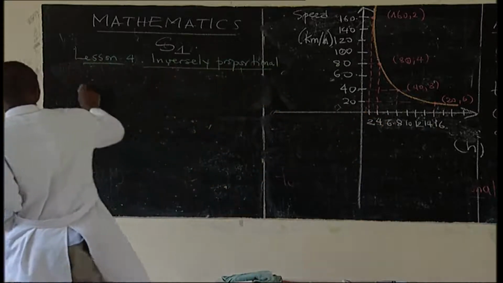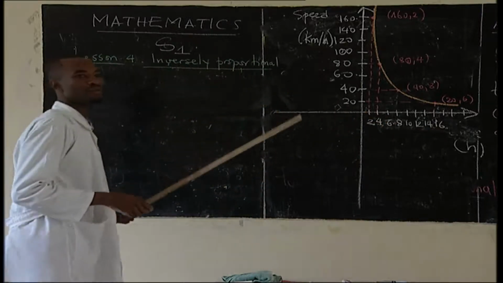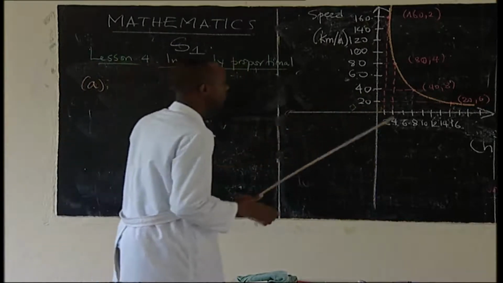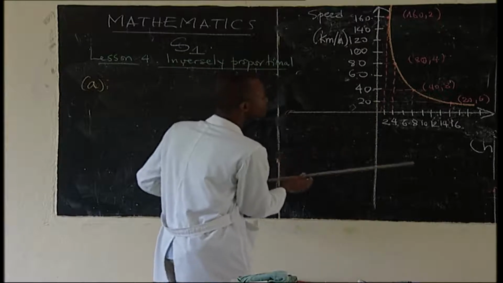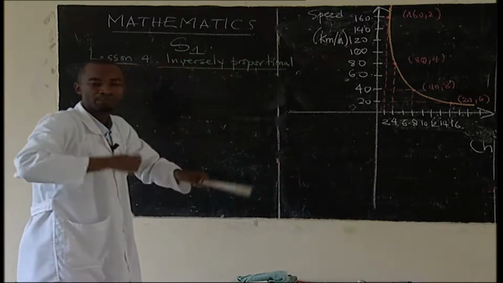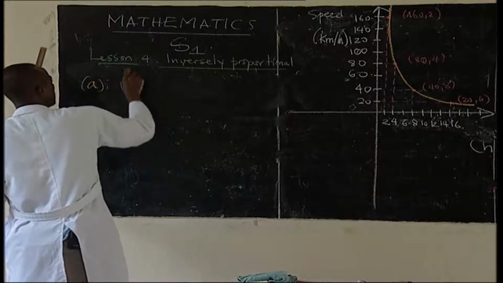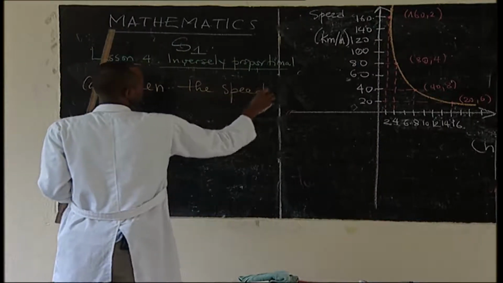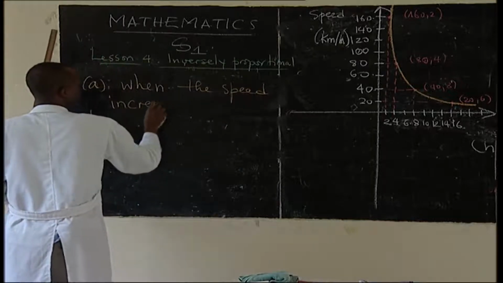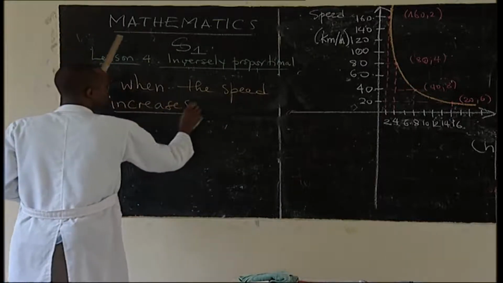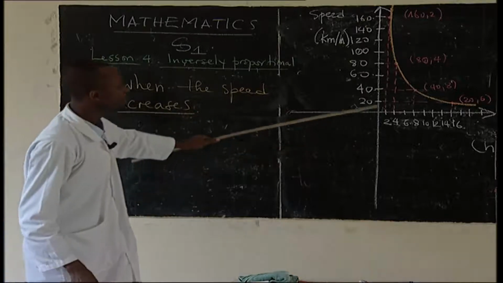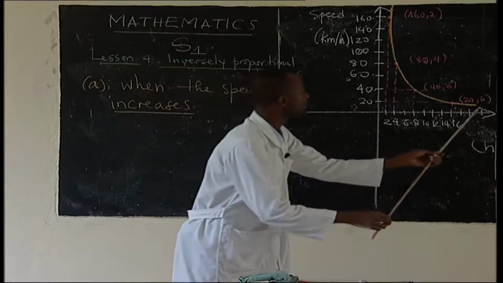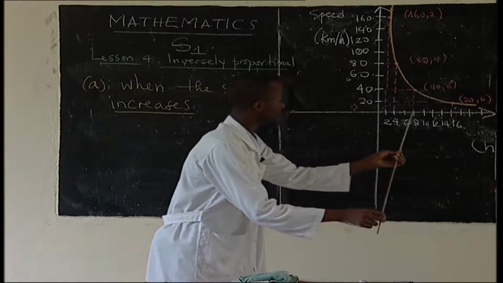Number A. What do you notice? You can observe that if the speed increases, because it was doubled, as you can see, from 20 to 40, time decreases.